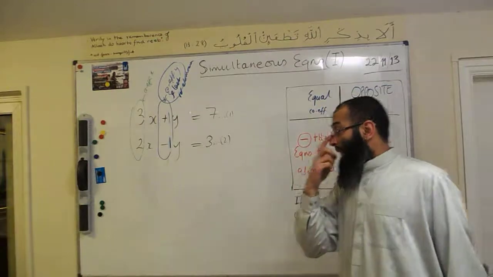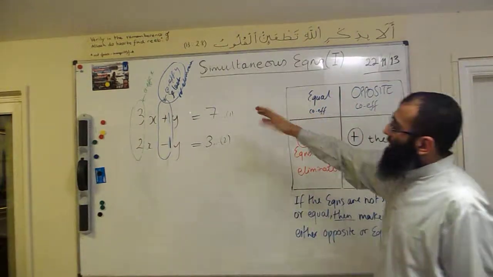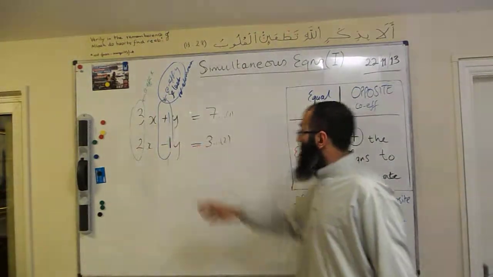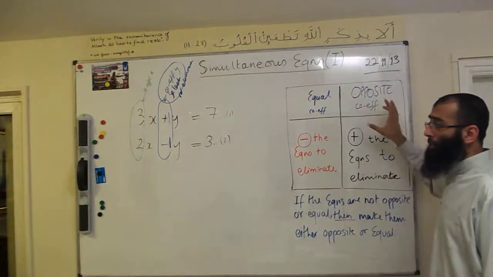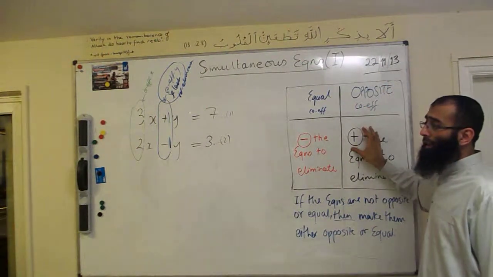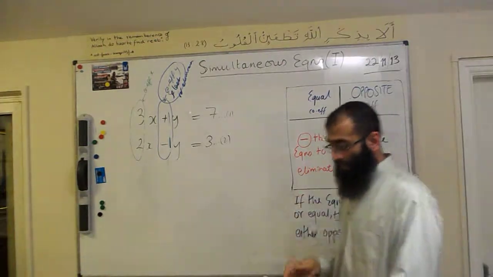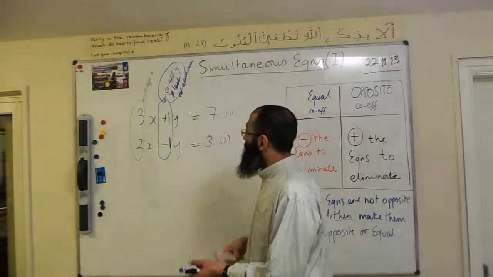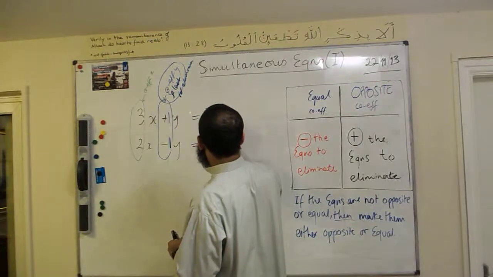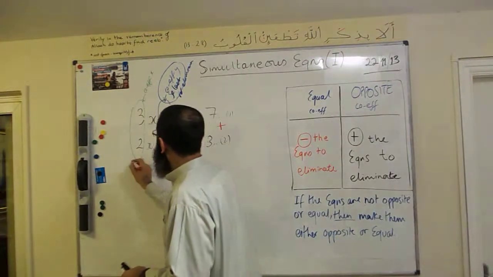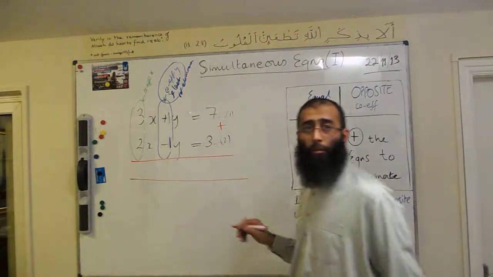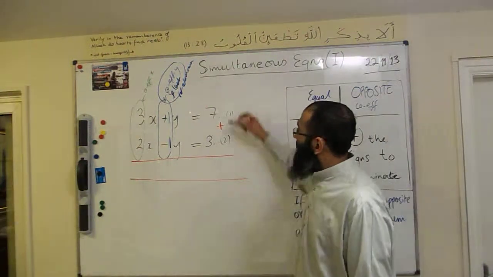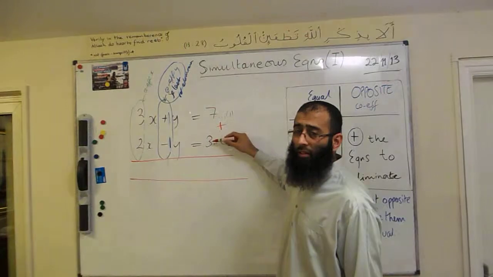Now that we realize that these coefficients are opposite, what is the technique for getting rid of opposite coefficients? The technique is to add the equations together. So we're going to add these two equations. 7 add 3 is 10.